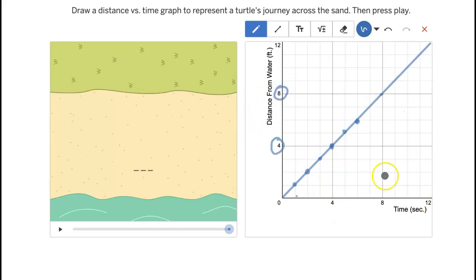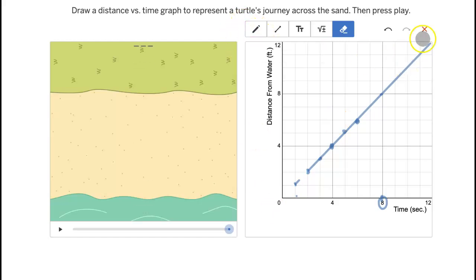So for each time interval, for each second, we have some distance traveled. So this is what shows the turtle moving. So this is like the turtle moving with a constant velocity.